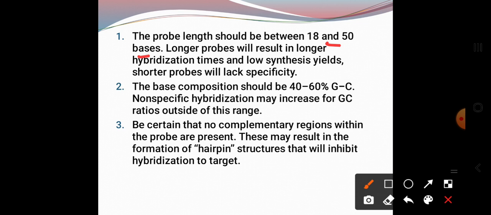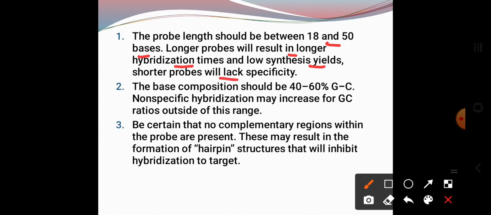Longer probes will result in longer hybridization time, which is time consuming, and low synthesis yields. Yield means the amount of product obtained.